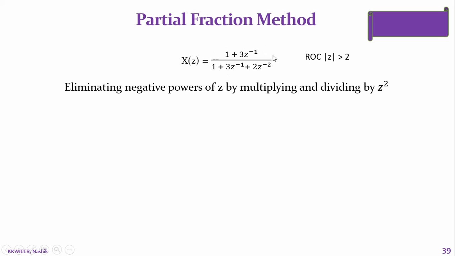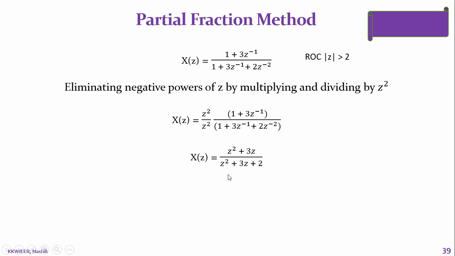Now identify what is the highest power of z in this total expression, that is 2. So you have to multiply it by z raised to 2 so that this negative power will be eliminated. So multiplying denominator and numerator by z square, you will get this final expression.